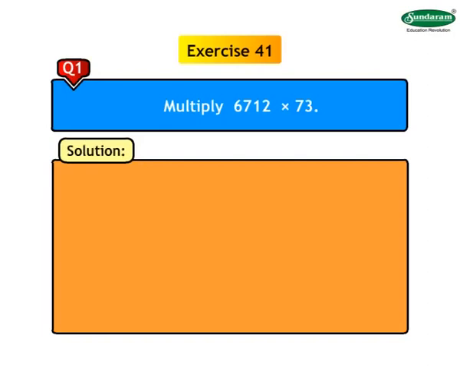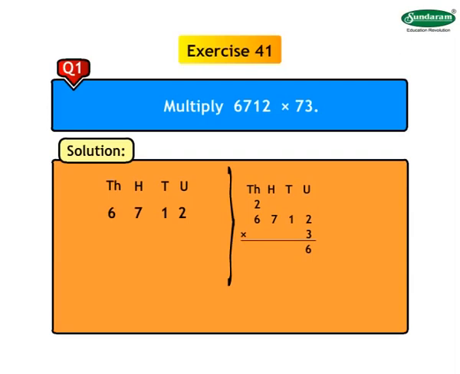Starting from the units place, multiply 6,712 by 3 units. 3 into 2 units is equal to 6 units. Write 6 in the answer place. 3 into 1 ten is equal to 3 tens. Write 3 to the left of 6.